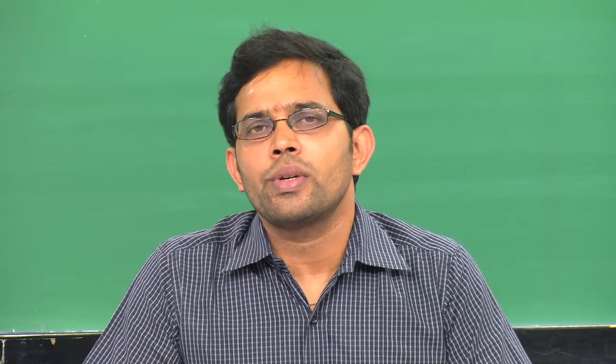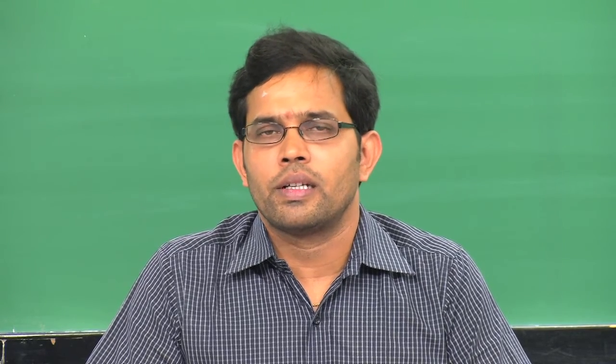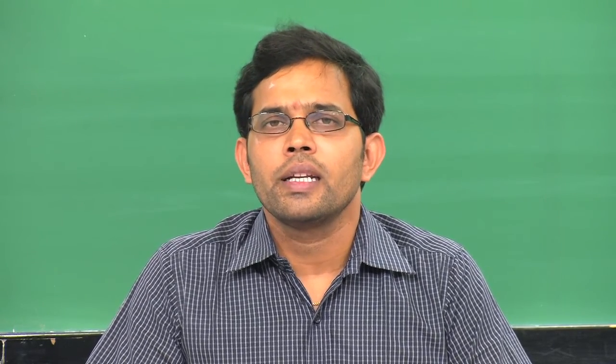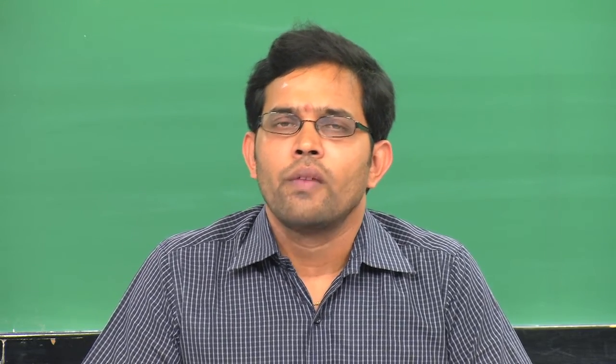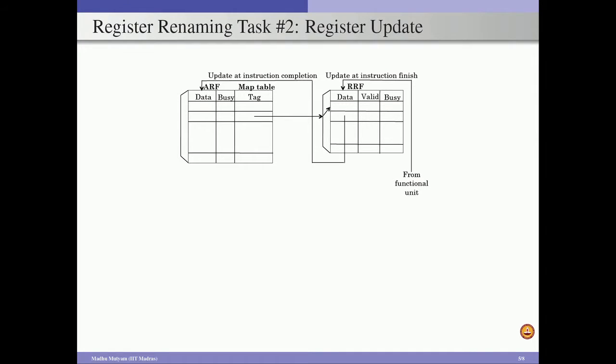So, whenever any instruction is executed in out of order fashion and some of the leading instructions have not yet completed their completion stage, then we should not go ahead with the trailing instructions for the commit stage. So, in such scenarios, whenever an instruction finishes its execution, we have to write the values only to the rename registers, but not to the architectural register.